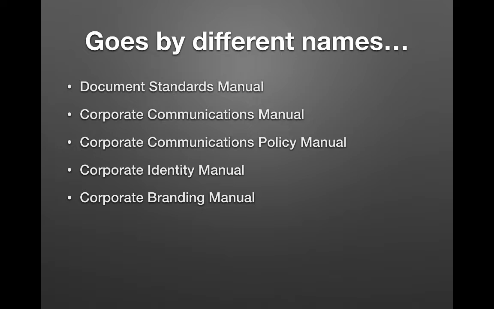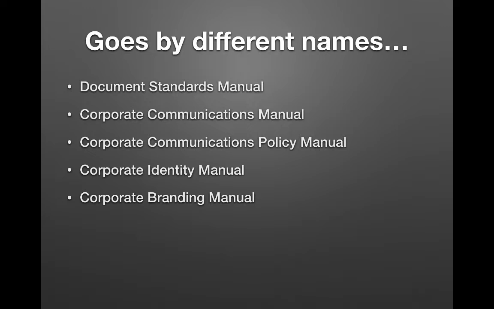We also see sometimes the word identity or branding put into the name of this document. So basically, we're talking about some different kinds of documents. Not all of these are exactly the same, but there's a great deal of overlap.